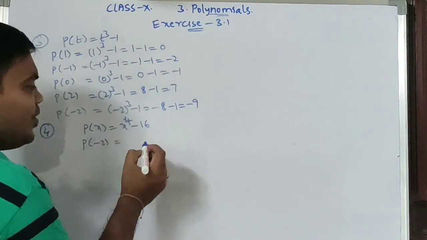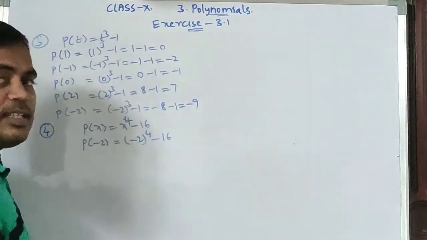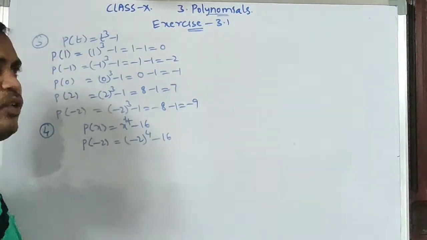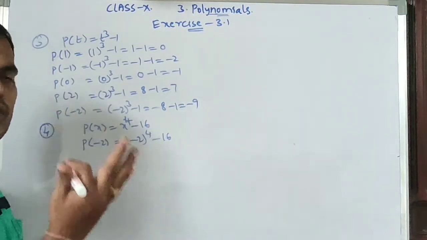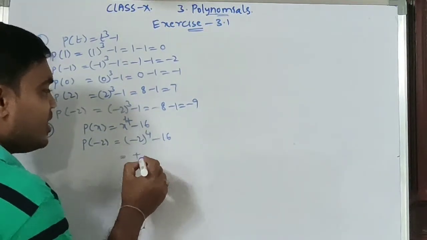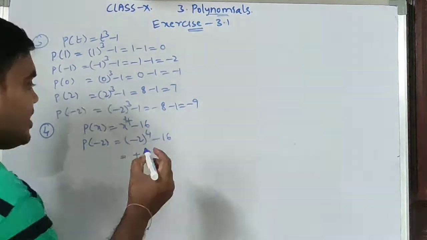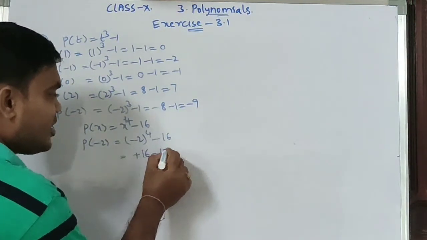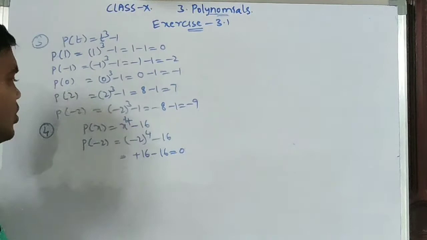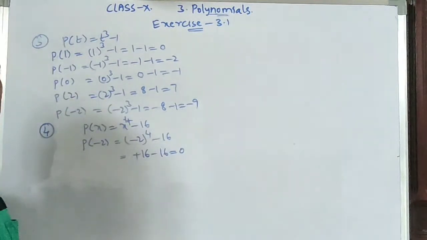Simply I want to substitute minus 2 instead of x. Minus 2 power 4 minus 16. Minus power 4, minus into minus plus, into minus minus, into minus plus. Overall we are getting plus. Plus 2 power 4, 2 into 2, 4, into 2, 8, into 2, 16. Minus 16. 16 minus 16, 0. So since it is 0, minus 2 is the zero of the polynomial.